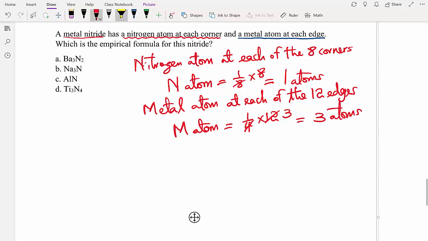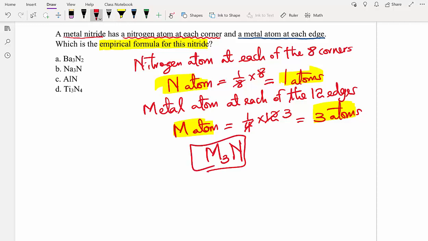Now the question says we should write the empirical formula for this metal nitride. We have 3 metal atoms and we have 1 nitrogen atom. That will be the empirical formula.